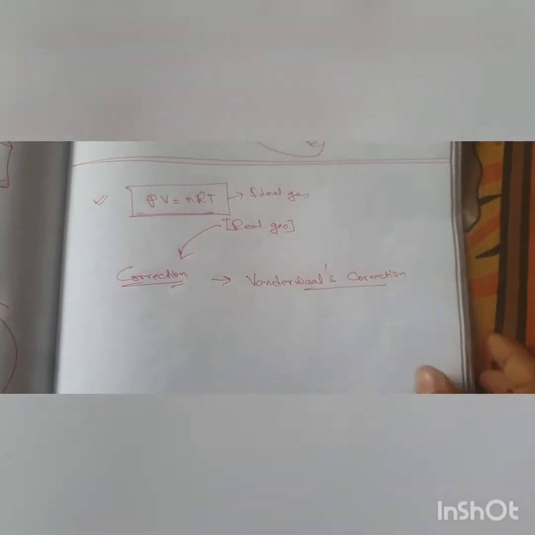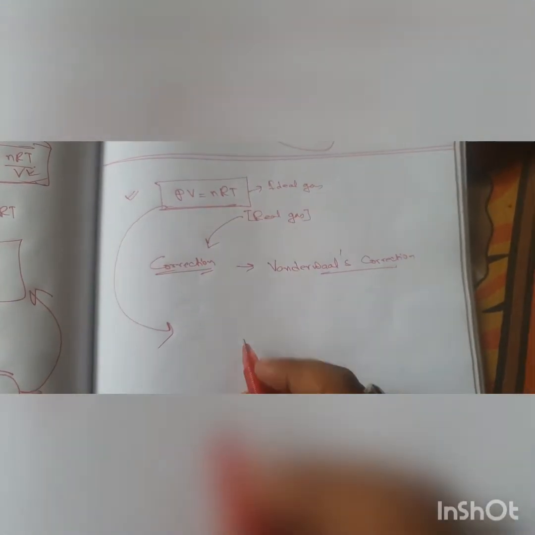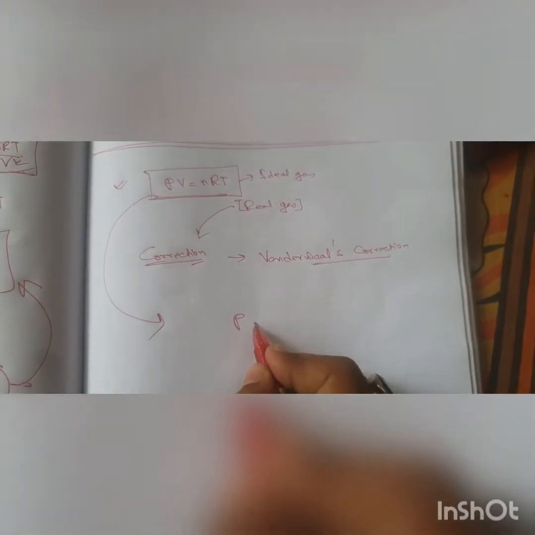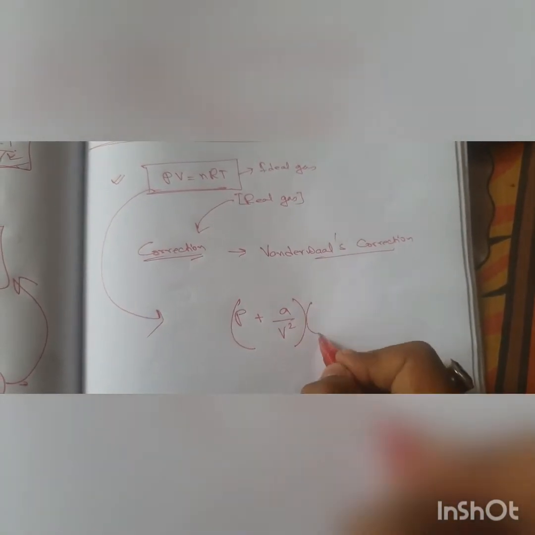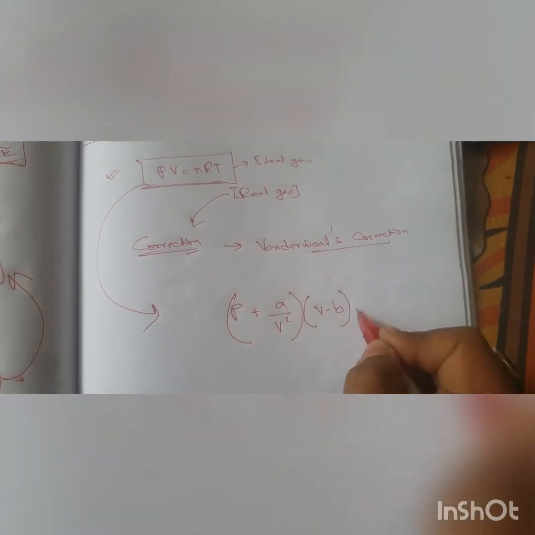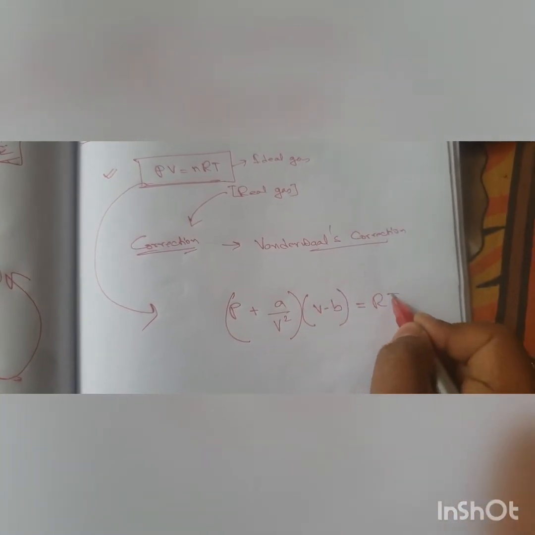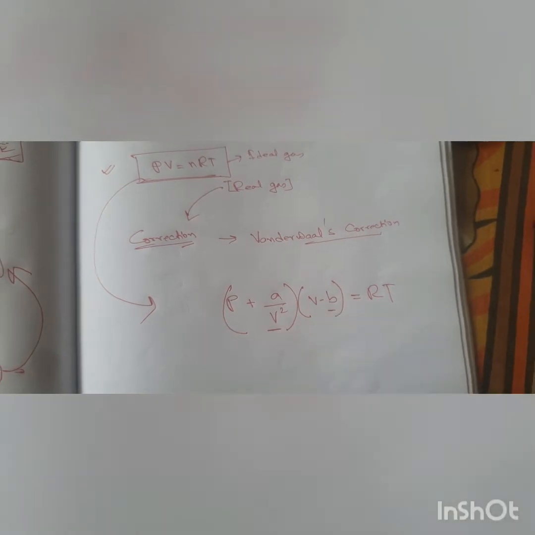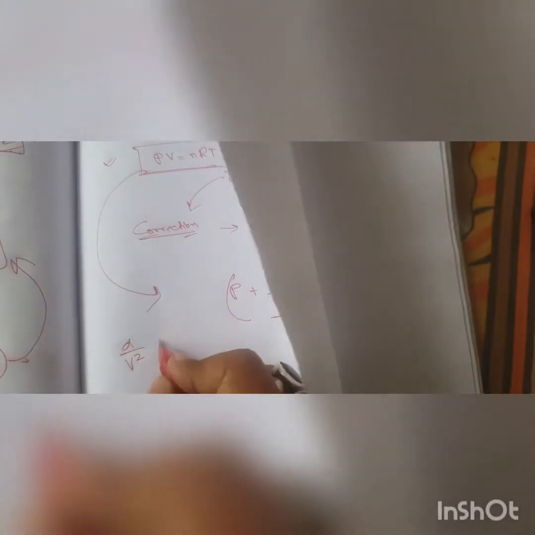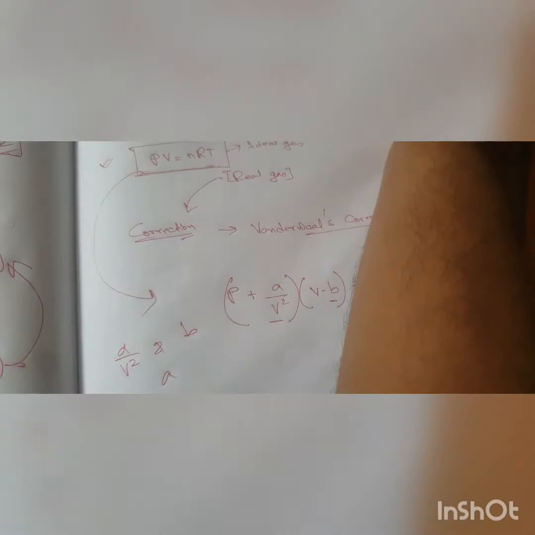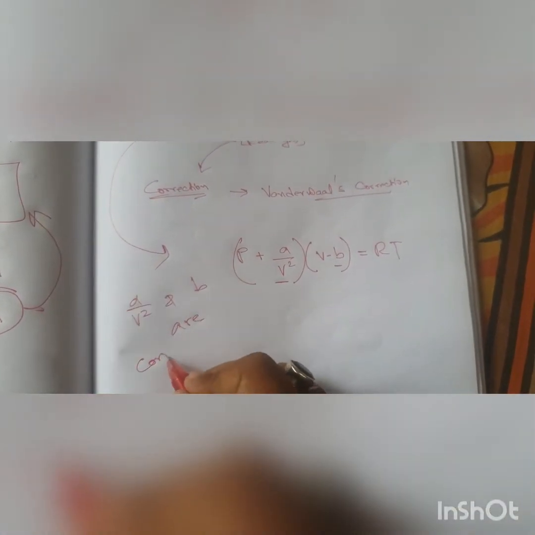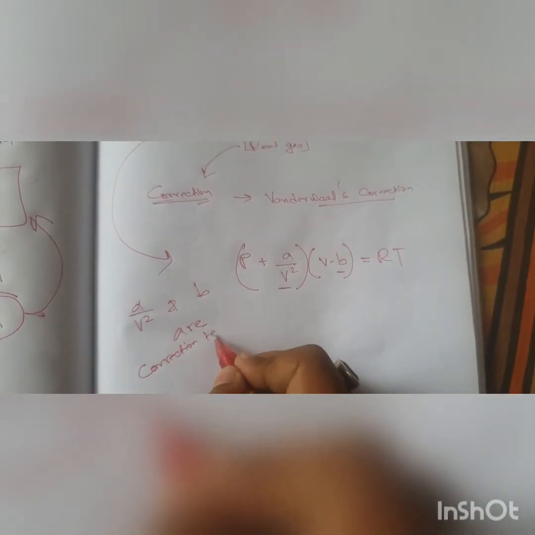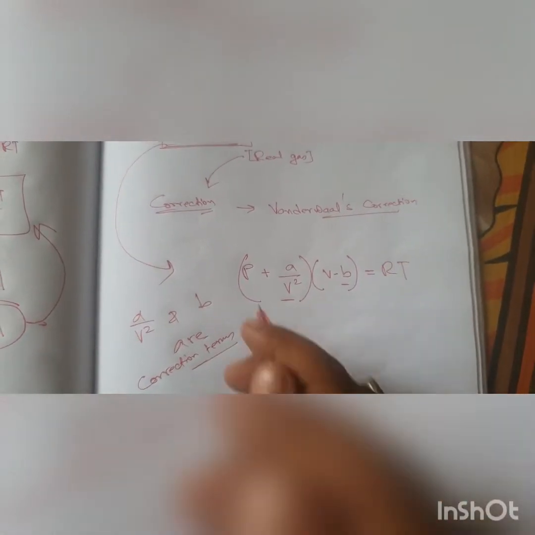Now, moving towards Van der Waals correction, the equation is corrected to P plus a by V square into V minus b equals RT, where a by V square and b are correction terms. Now you are wondering where is n, because in PV equals nRT, n is there.